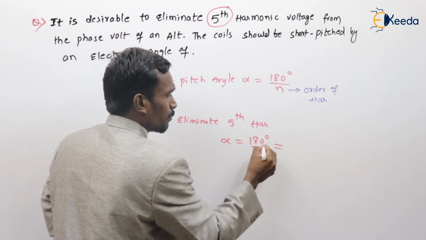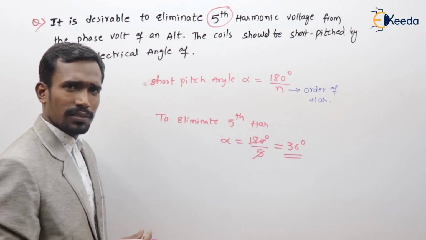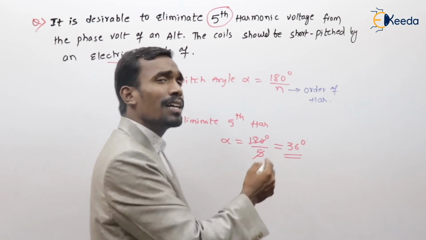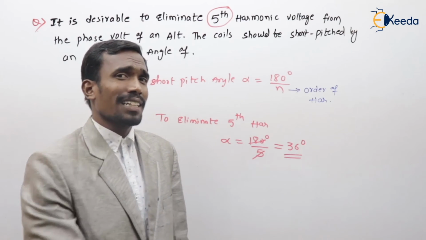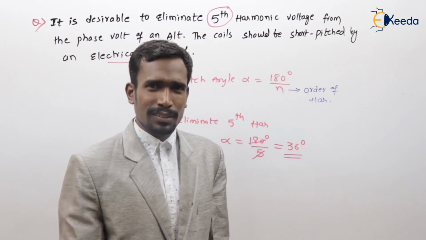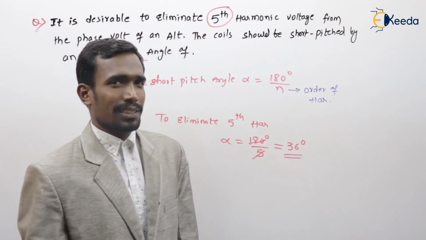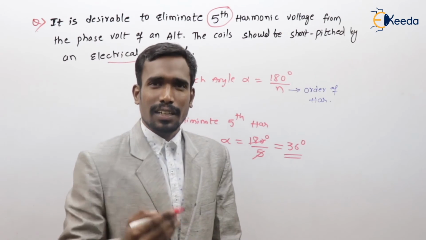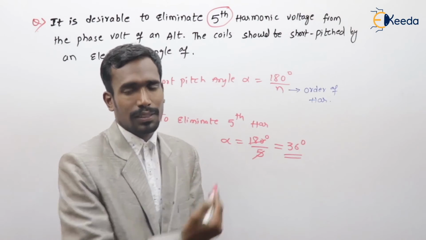If you calculate 180 degrees by 5, you get 36 degrees. So the electrical degrees to eliminate the fifth order harmonics is 36 degrees. If they ask you to eliminate seventh order harmonics, 180 by 7, 25.5 degrees. If they ask you to eliminate third order harmonics, 180 by 3, 60 degrees. This is a very repeated question, very important.